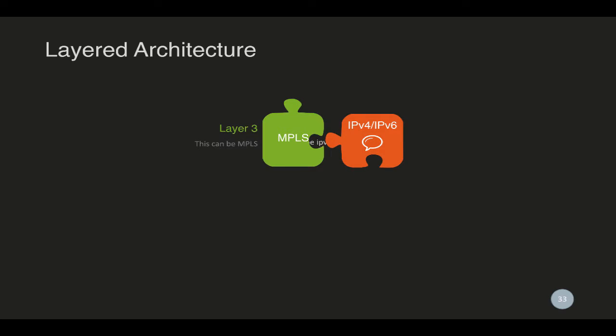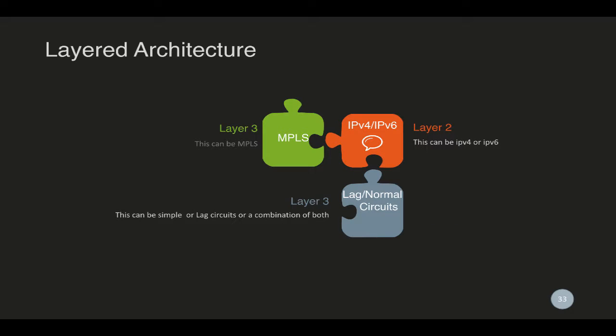Now I come to the layered architecture part. This is actually an extension and it is not compulsory. You can still put everything in one objects.json file and the other one in the objects_setup.json file. But what layered architecture allows you to do is, if you have an existing lag test case, where with lag you're bringing up a lag group, and you want to use that lag group in an IPv4 test case as an egress port or something like that, you can develop an IPv4 test case that uses the lag group.